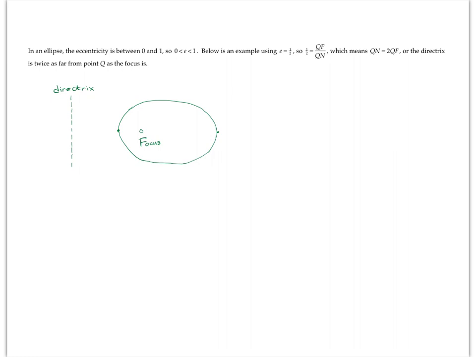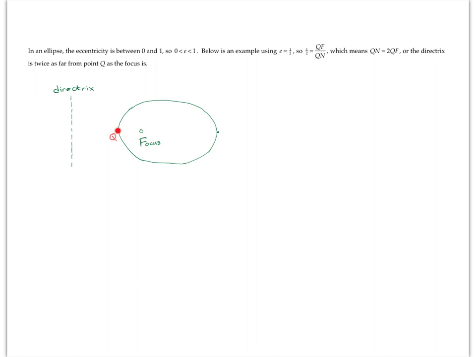In other words, for any point Q, the distance to the directrix is going to be double the distance to the focus. So for example, if I've got my focus here and my directrix here, this is an example of one of those points Q, that's one of the vertices, and you can see the distance from that point to the directrix is double the distance from that point to the focus.